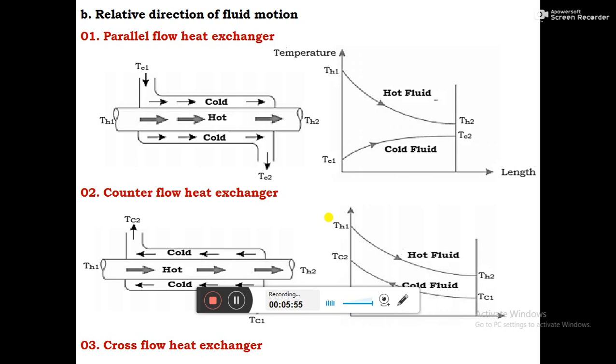Since they are flowing in the same direction, the temperature difference between the hot fluid and the cold fluid is decreasing in the direction of heat transfer. But a counterflow heat exchanger is one in which the hot fluid and the cold fluid flow in different directions.